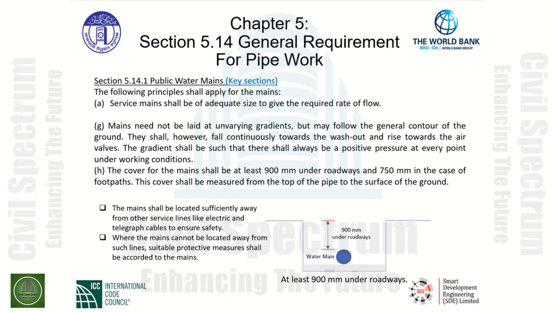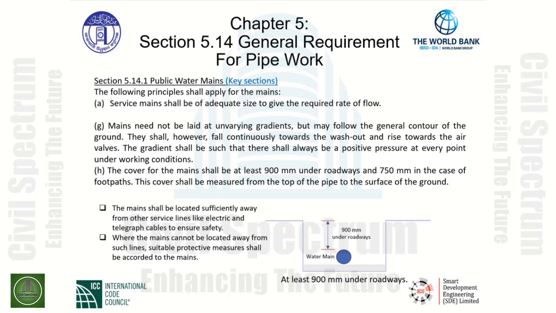The cover for the main shall be at least 900 millimeters under roadways and 750 millimeters in case of footpaths. This cover shall be maintained from the top of the pipe to the surface of the ground.